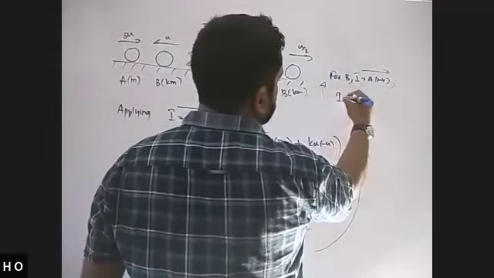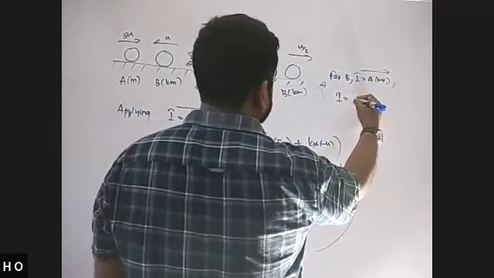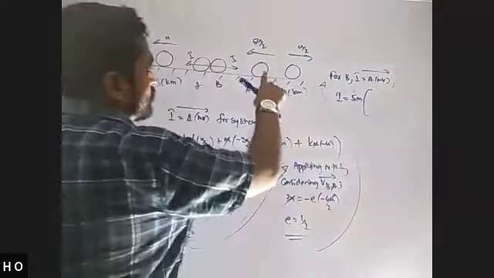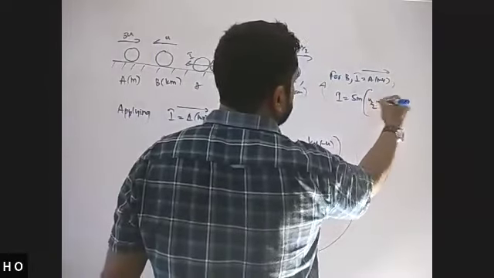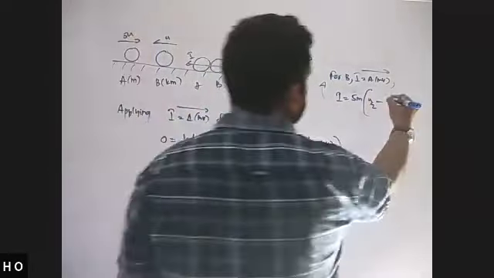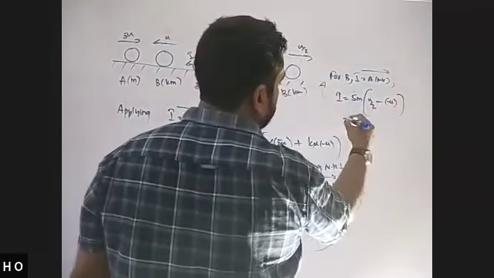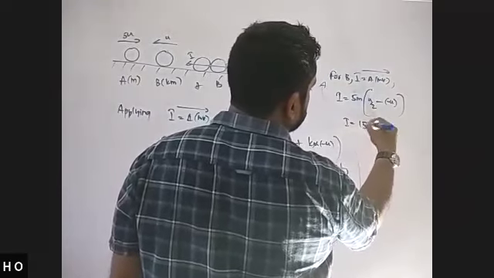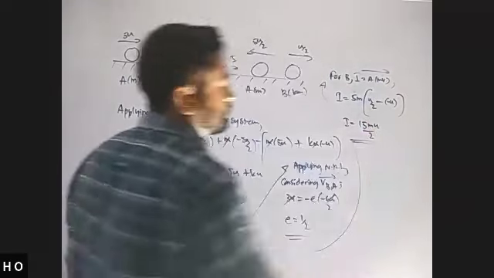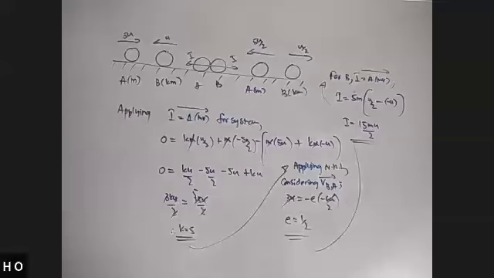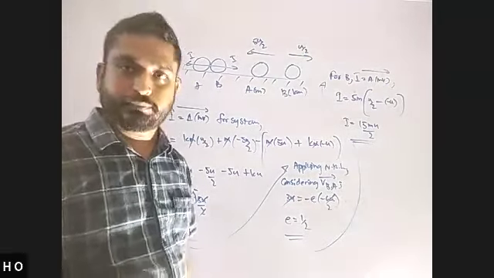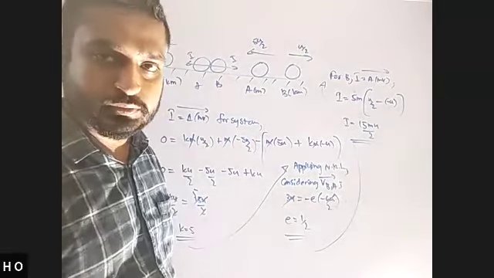So I equals 5 kg into u by 2 minus u, so I is 15 mu by 2. That is the impulse due to the collision. Right? If you have any question, please ask. And you can correct now if you have any corrections to be done.